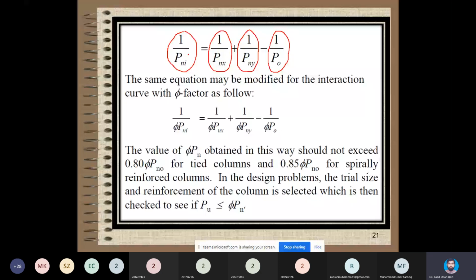And when I take its reciprocal again, it will give me the biaxial load capacity of the column.